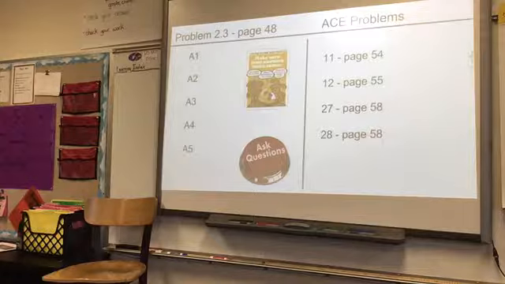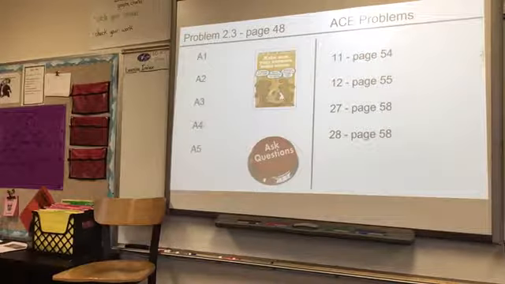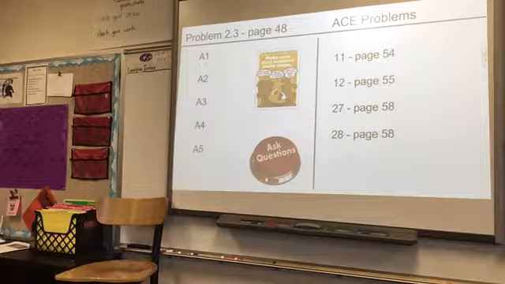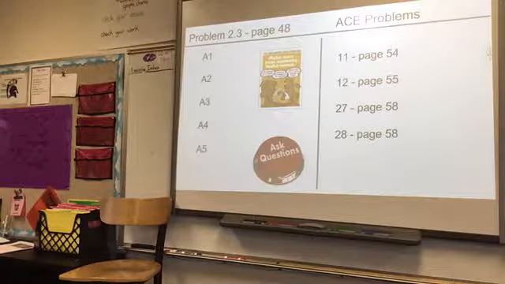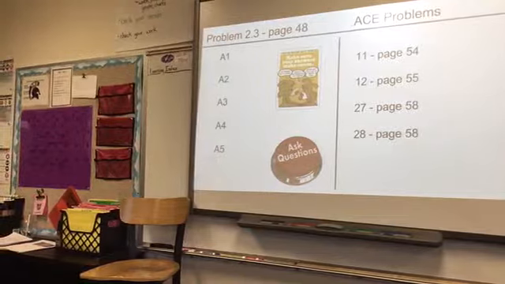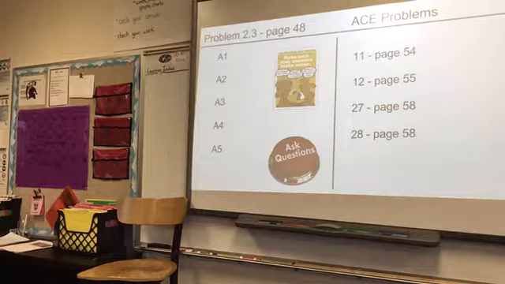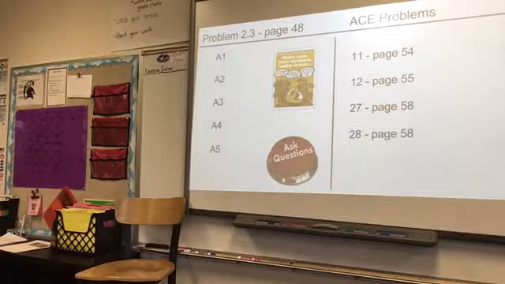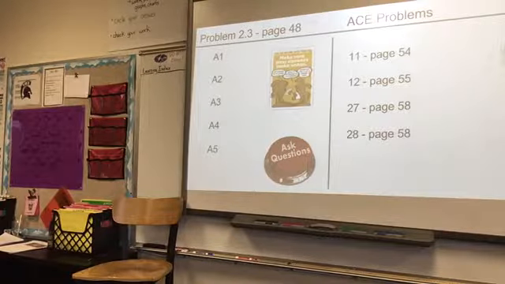What does this help me find? What unit rate does this help me find? Okay, so this is going to be oranges per dollar. This is going to tell me dollars per orange. Which one am I trying to find? Dollars per orange.